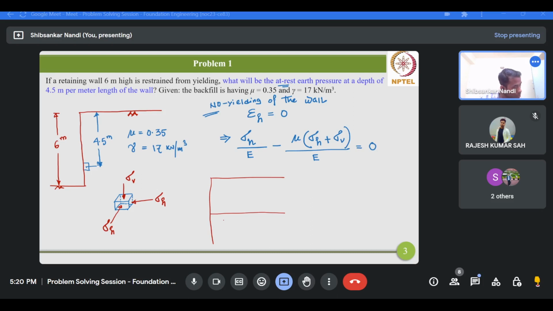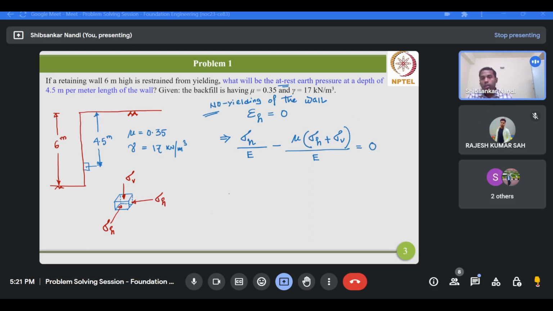The interface is at a depth of 8 meter from the top of the wall, whereas the water table is at a depth of 4 meter, that is, at the mid depth of the topmost layer. So there should not be any confusion; whatever data or information is given to you in the assignment question, you solve accordingly with those data.